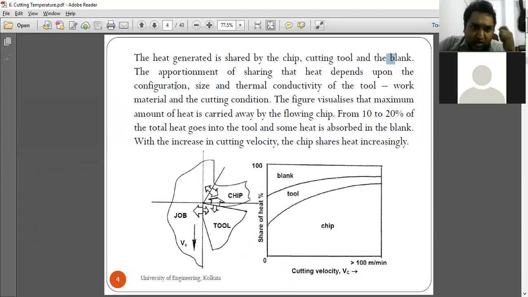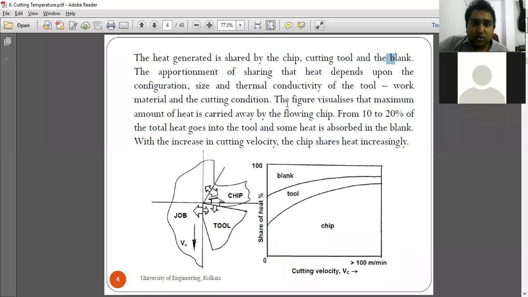The apportionment of the sharing of that heat depends upon the configuration, size and thermal conductivity. This is very important: what is the thermal conductivity of the tool, and what is the thermal conductivity of the workpiece, because depending on that, the sharing of the heat matters.